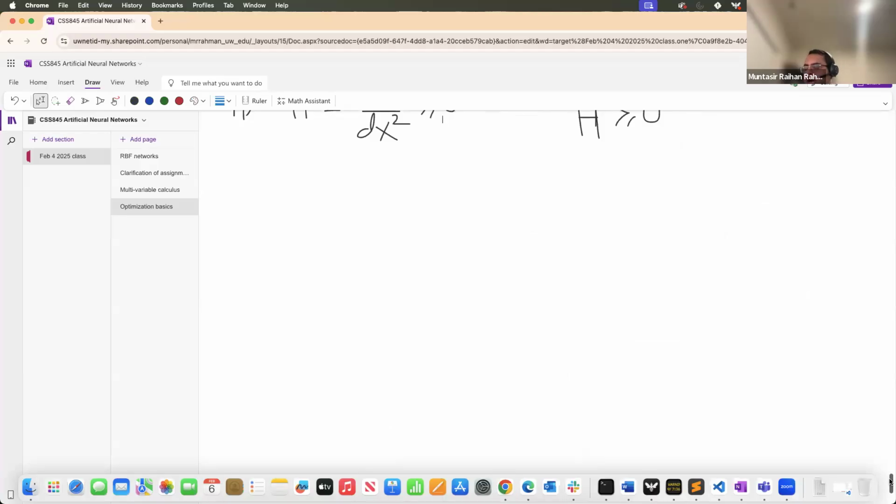Okay. So now we know some optimization, and we know the first and second order conditions of optimization. So let's look at just an example of this, of a function. And this is going to be an important function in general.